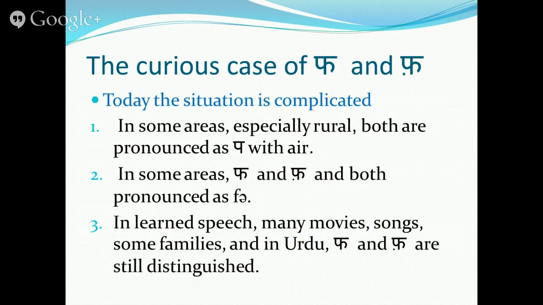So every time you see a word that has one of these two in it, and you want to know exactly which one it is, is it fa or is it pa, you're going to have to look it up in the dictionary and see, because the dictionary still has the dot. And that's the only way you can really do it for the most part, unless you happen to have been raised in an Urdu speaking family.